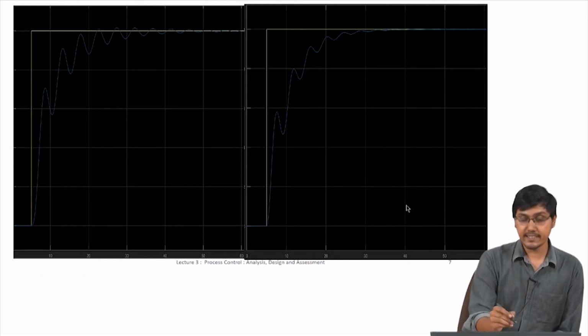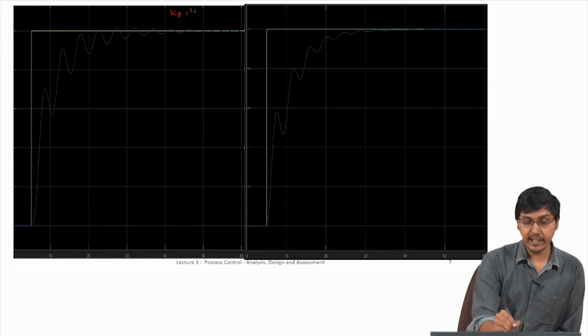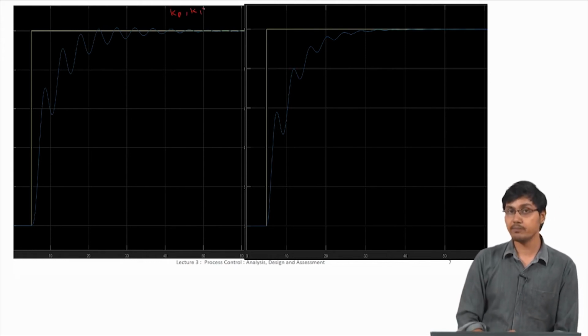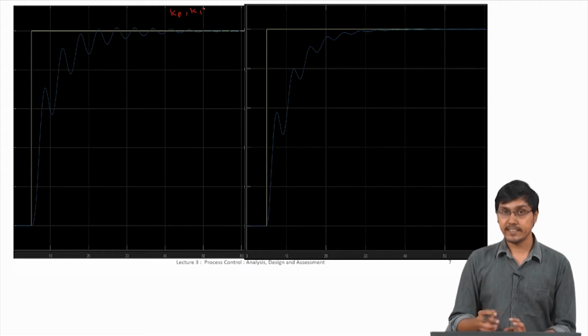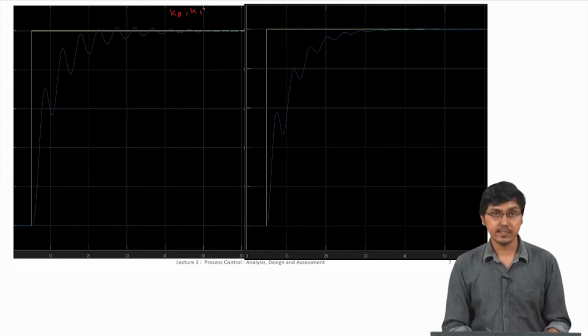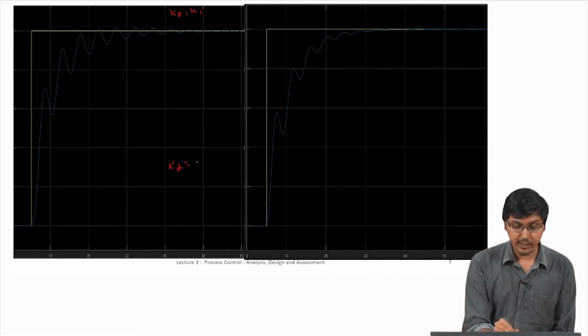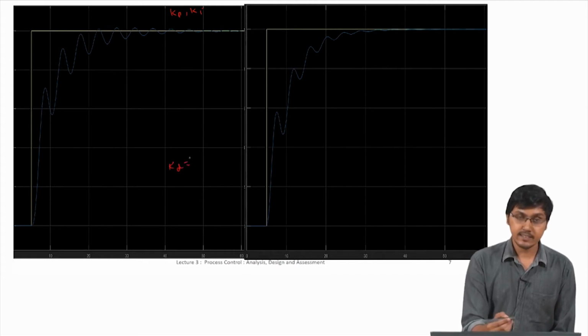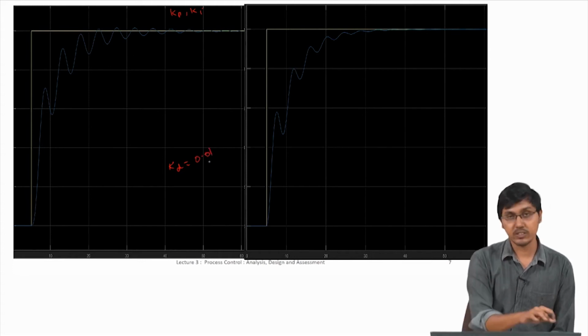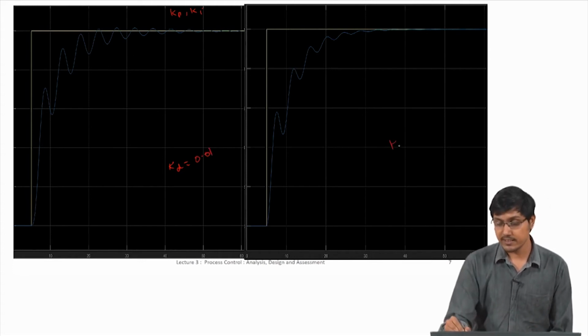In both these cases the Kp and Ki are the same. So, the only parameter that we are going to change and experiment with is the Kd value, which is the derivative gain. So, here I think we took 0.1, or I think this was simulated with 0.01, and this Kd value was 0.5 or something.